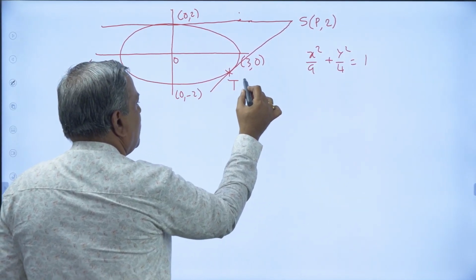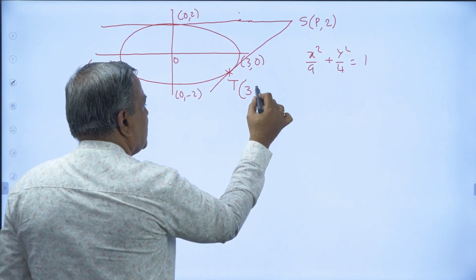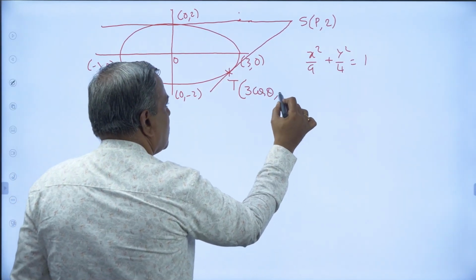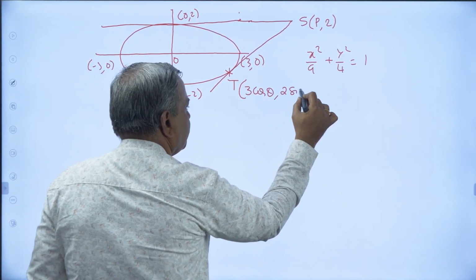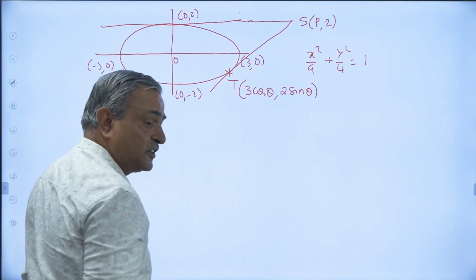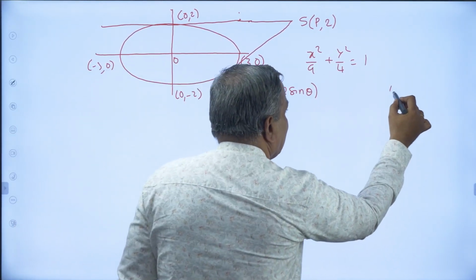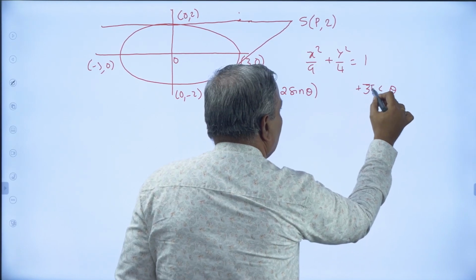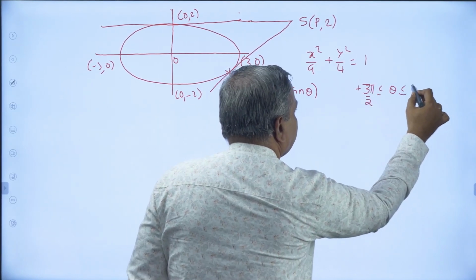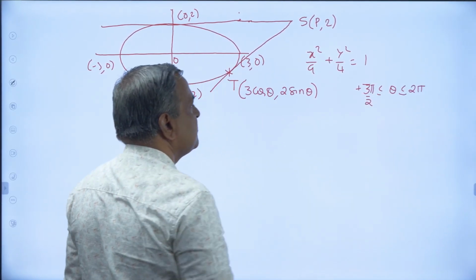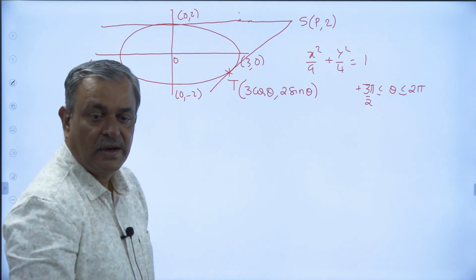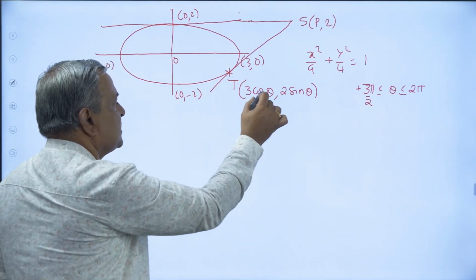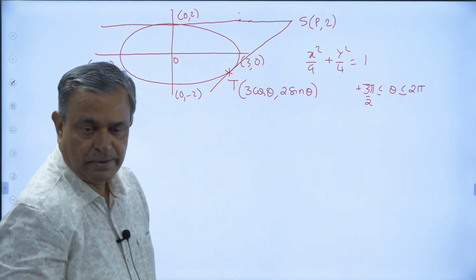So the parametric form of point T will be 3 cos theta comma 2 sin theta. As it is in the fourth quadrant, theta lies between 3 pi by 2 and 2 pi. Correct. Already we got the point of contact, 3 cos theta comma 2 sin theta.